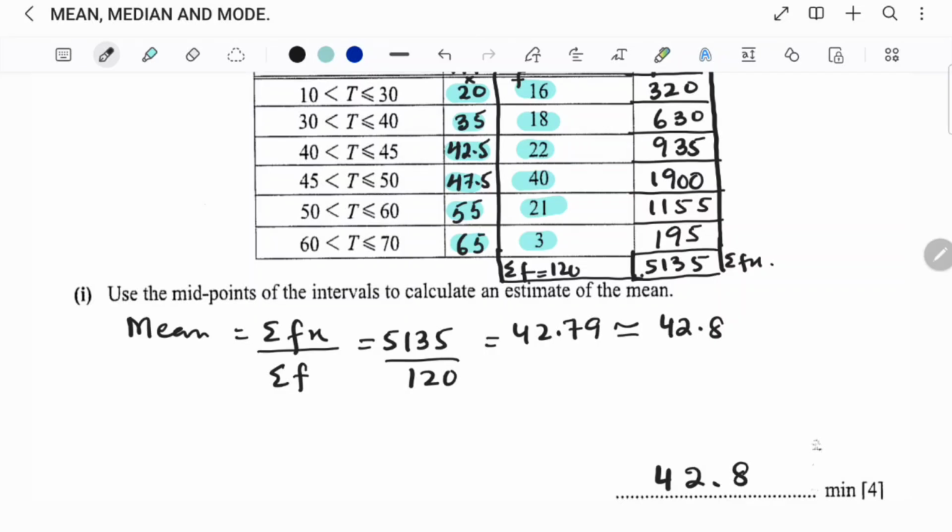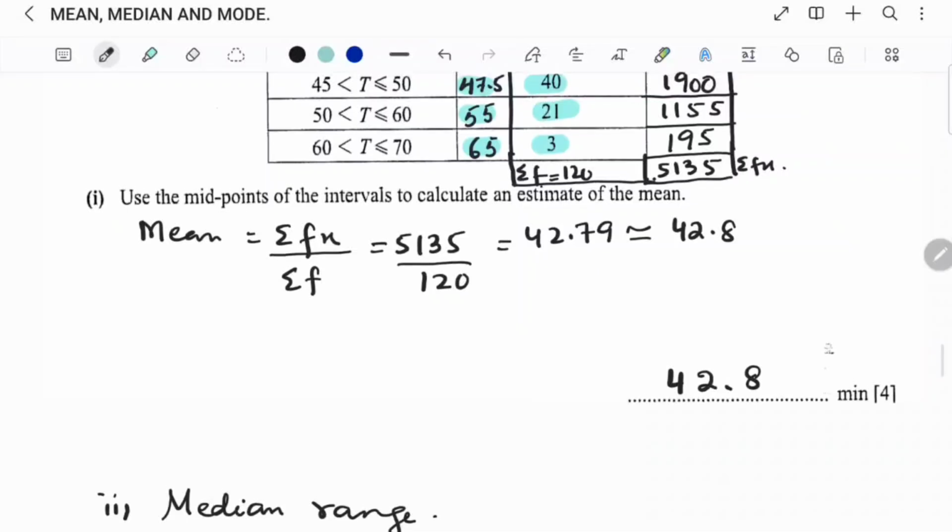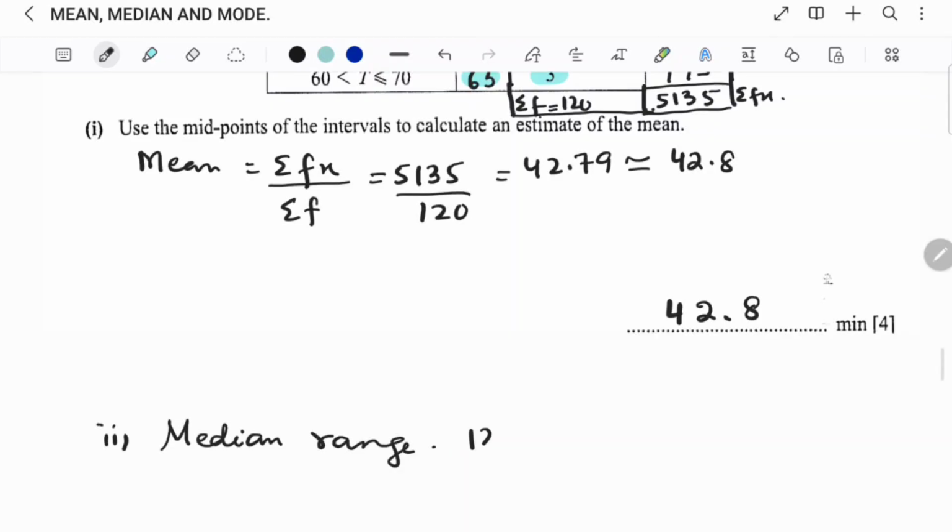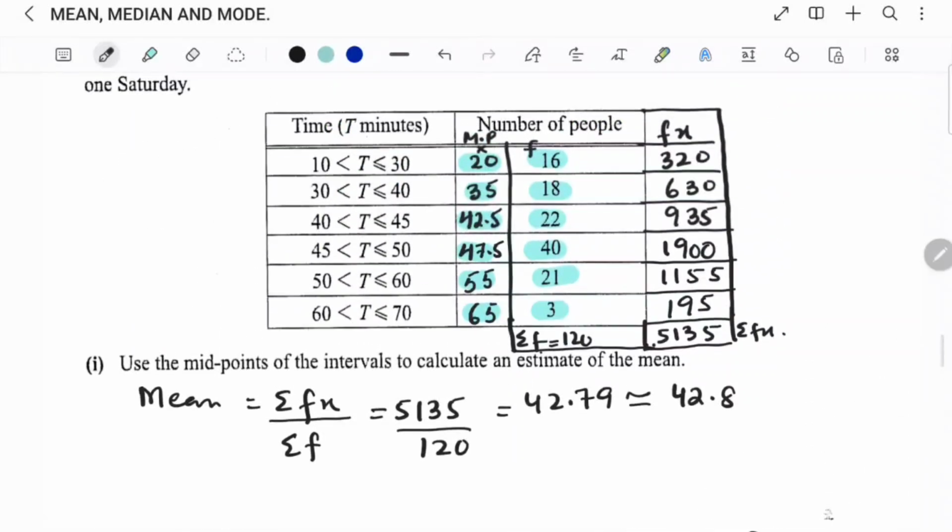All right, now afterwards we are going to find the mode and median. For the median range, we have to see (120 + 1) / 2, which is equal to 121 / 2, which is equal to 60.5. I have to stop at 60.5. Again, I'm going to add the frequencies, using the same table.